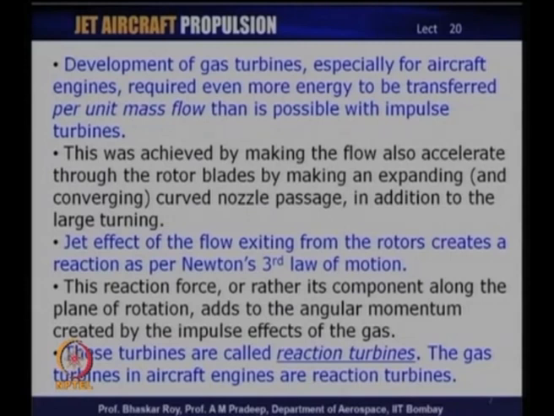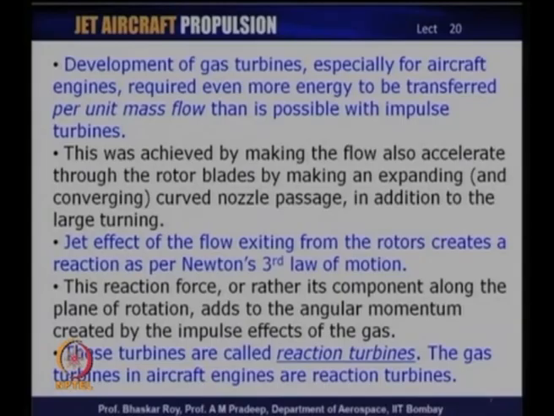If you have the same gas with the same potential energy coming in, an impulse turbine can do so much. Anything more than that, you have to go beyond the capability of a normal impulse turbine, and that is what is indeed required in a typical aircraft gas turbine. Now, this is done by making the flow also accelerate again through the rotors.